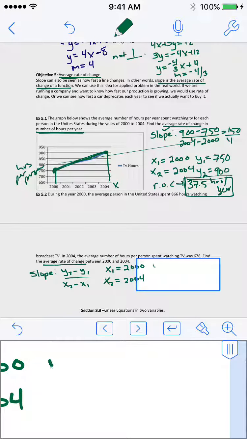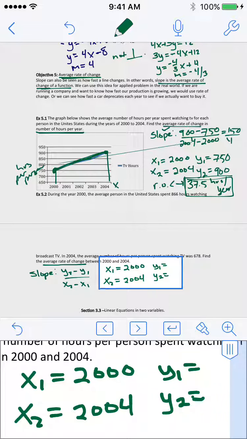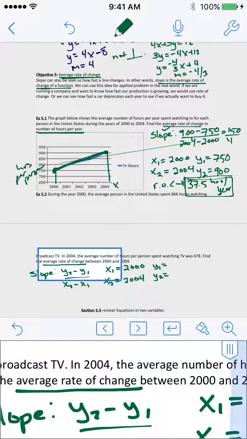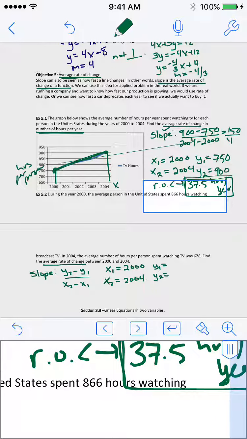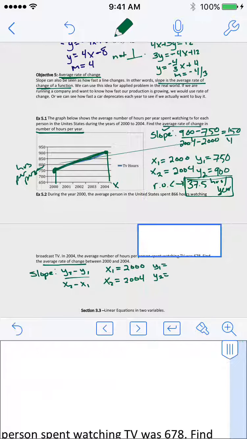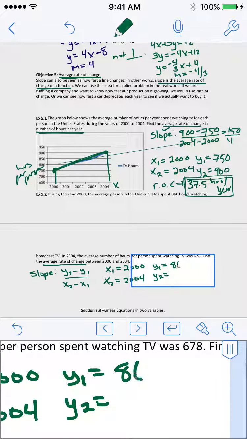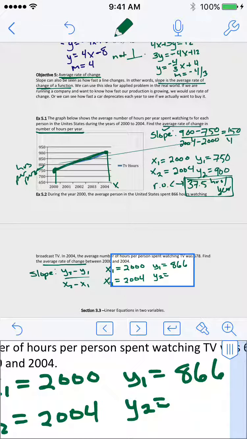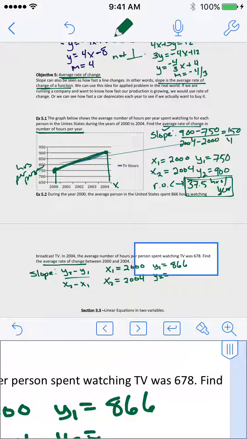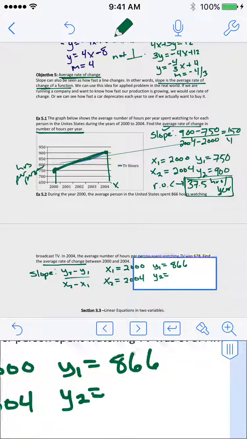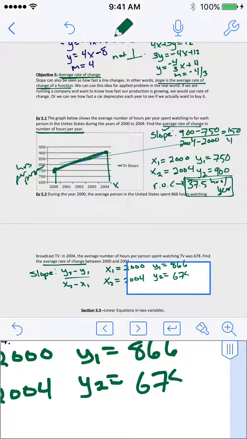Alright, so now we have to look at our y1 and our y2. How many hours in 2000 will tell us our y1? In 2000, the average person in the United States spent 866 hours. So it looks like y1 is 866. Same thing for 2004. In 2004, the average number per person was 678.